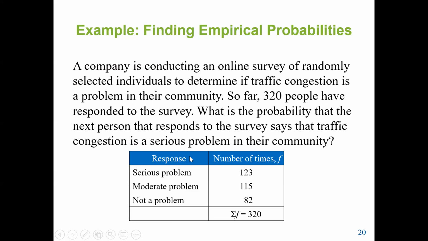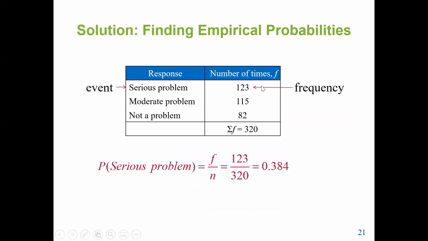Classical is based on relative frequency, part of the whole. So the answer again will be 123, that's the event, over 320, the total responses. So we can say that there's a 38.4% chance that the next response will say traffic congestion is a serious problem.